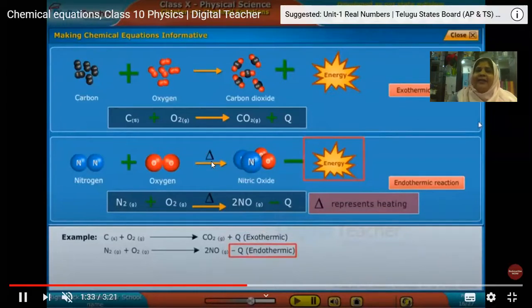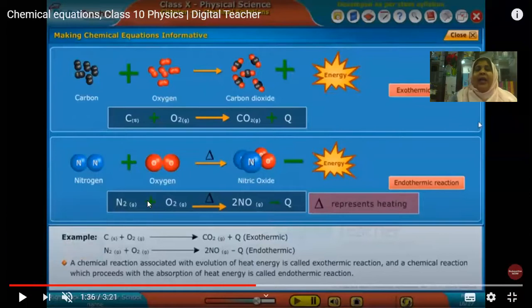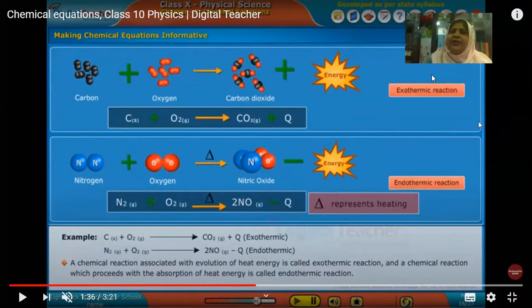The delta is given, that means heat is utilized in this reaction, and when heat is utilized, it's an endothermic reaction. And when energy is released, it's an exothermic reaction. So when energy is released, you call it an exothermic reaction, and when heat is absorbed, you call it an endothermic reaction.